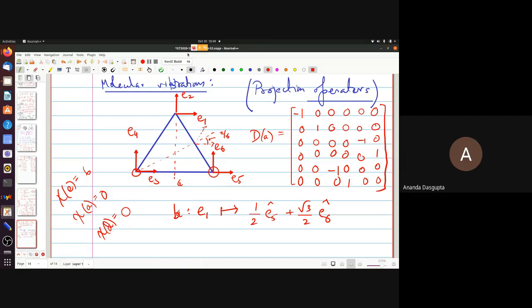So, this is not a homework, but before next Tuesday, write down all the 6 D matrices for the 6 elements, because we will need them to understand the molecular vibration of a triangulene molecule. Okay. So over the next couple of classes, we will do 2 things.